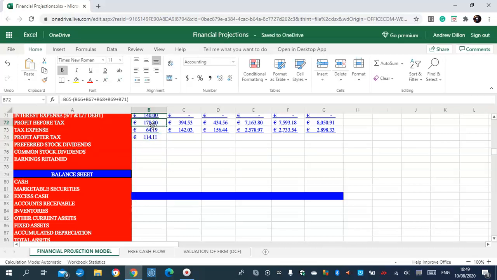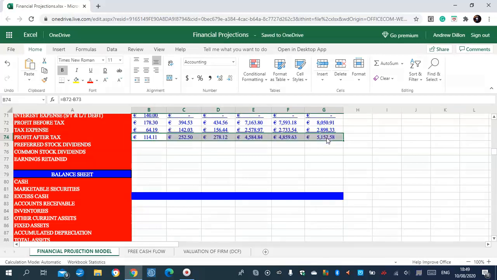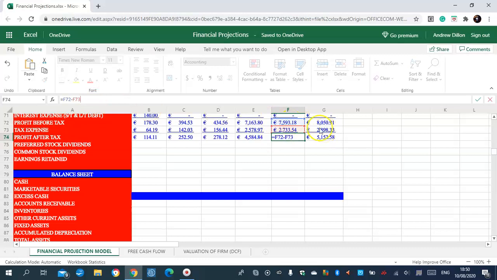So this minus this, and this will be the answer. Same goes for the other letters, C, D, E, F, and G. For the F72, and this is F73, and the answer will be underneath.